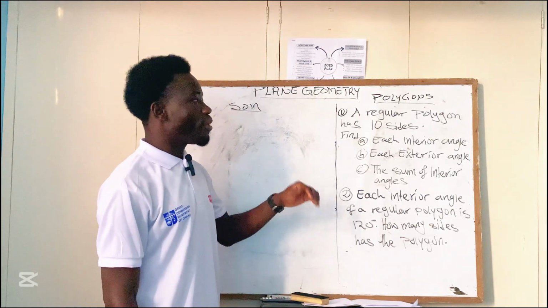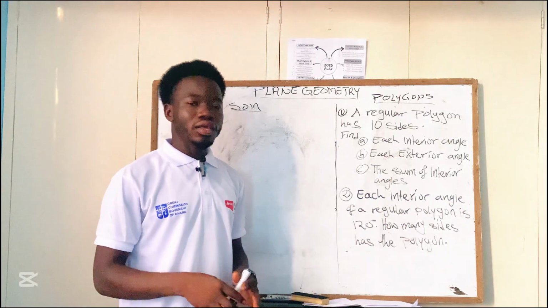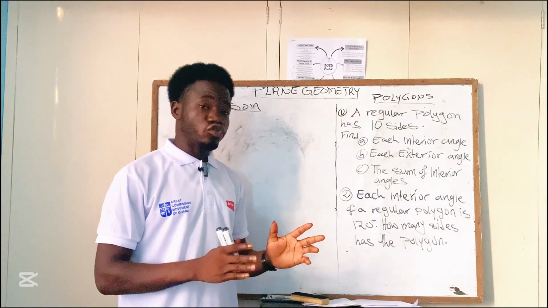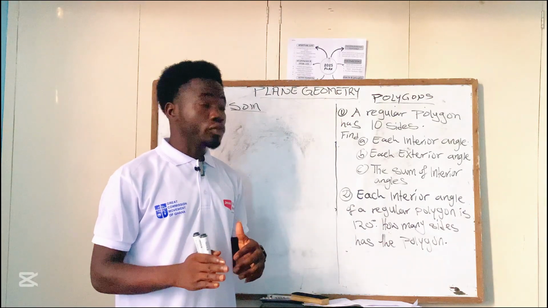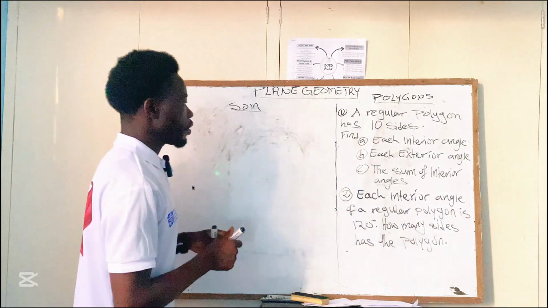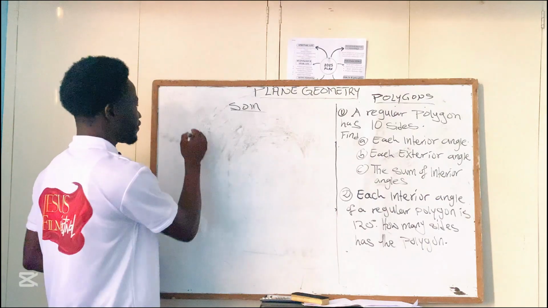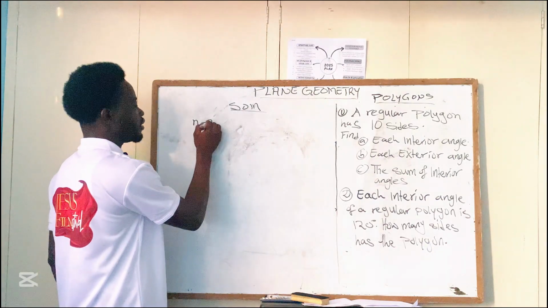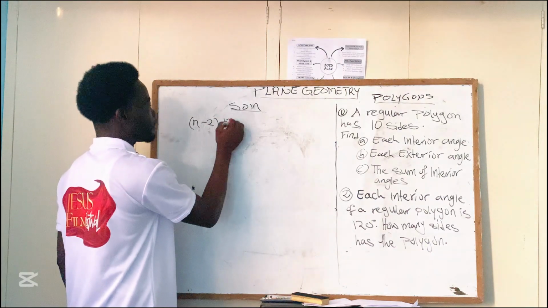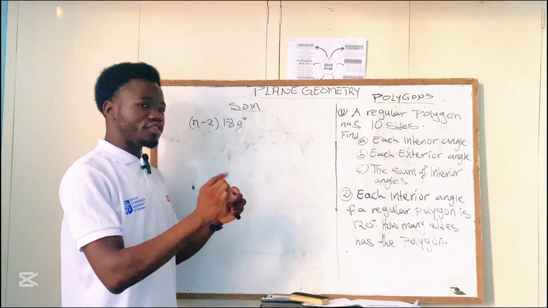Now, when we talk about a regular polygon, it means that all the sides are equal and all the angles are also equal. Now, to find the interior angle of a regular polygon, the formula is n minus 2 times 180 degrees, which is the sum of all the interior angles.